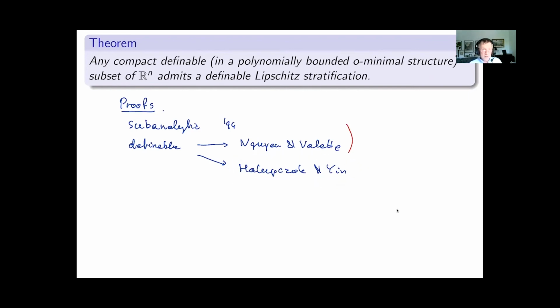But actually, it is based on the analog, or actually the same theorem, of theorem A. This theorem bounds the logarithmic derivative with y by 1 over the distance to some set, stated and proven using model theory.